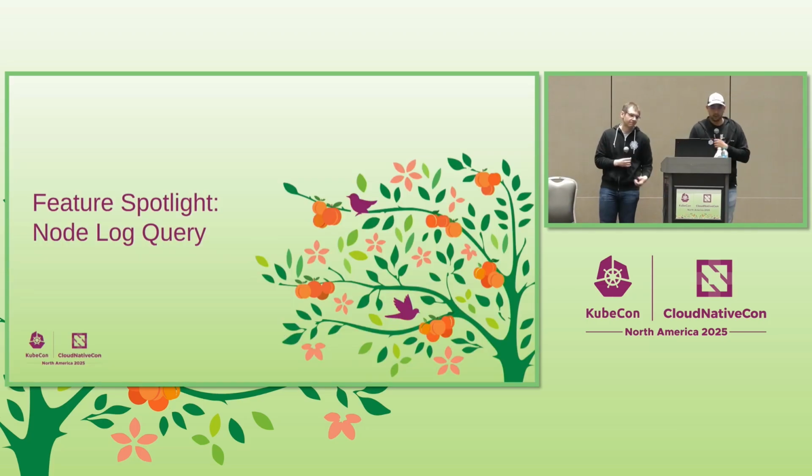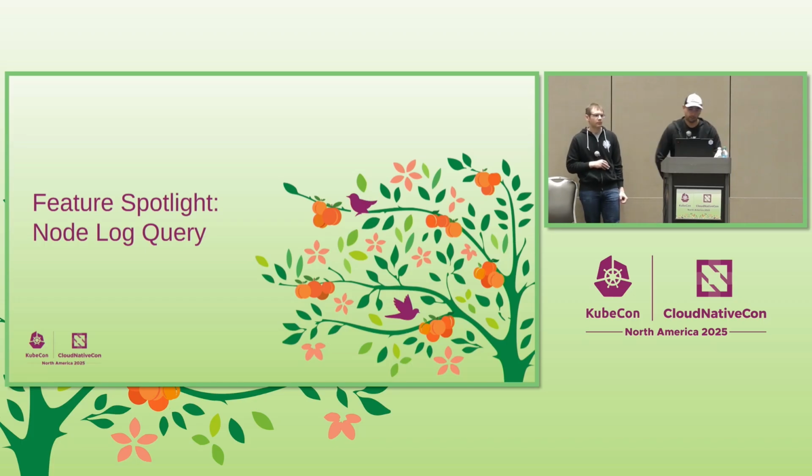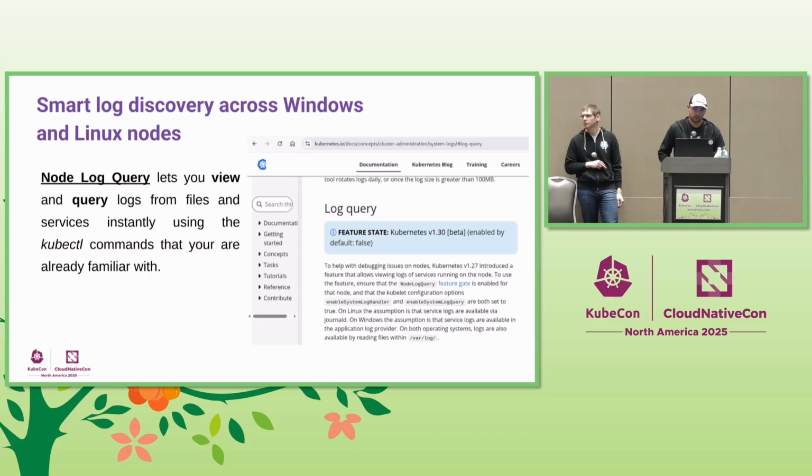All right, so another feature that we would like to go over with you all is node log query. This feature has actually been around for a while. It went to beta in 1.30, and you can use it as is right now.